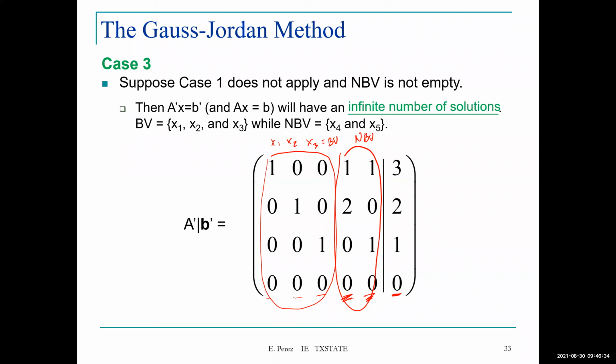What this means is, in order for you to get another solution for this problem, and we will see how that works when we apply the simplex method, you found a solution in terms of x1, x2, and x3. That's good, but you can also find a solution in which you have x1, x2, and x4, or x1, x2, and x5 with different numbers, and you still can solve the system of equations.